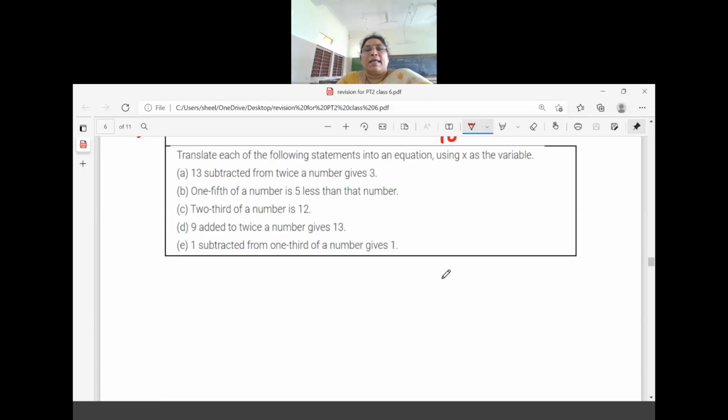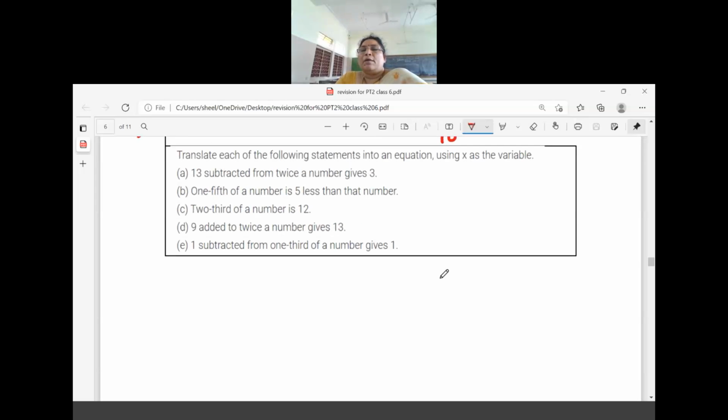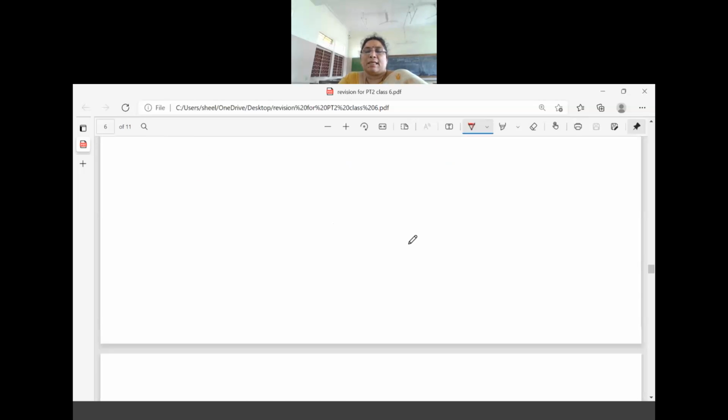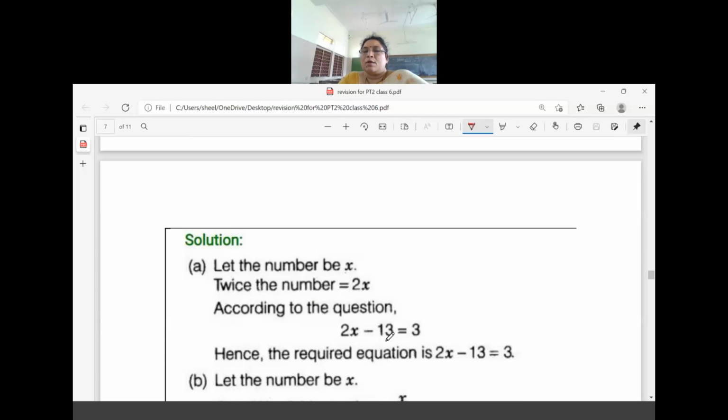Okay. Now translate each of the following statements into an equation, using x as the variable. 13 subtracted from twice a number gives 3. See, 13 is subtracted, means minus 13, right? 2 times the number, 2x. So, x is our number.